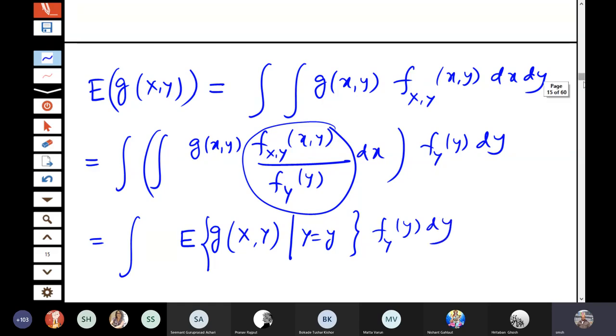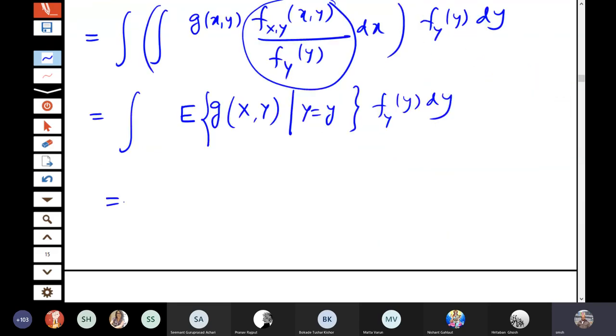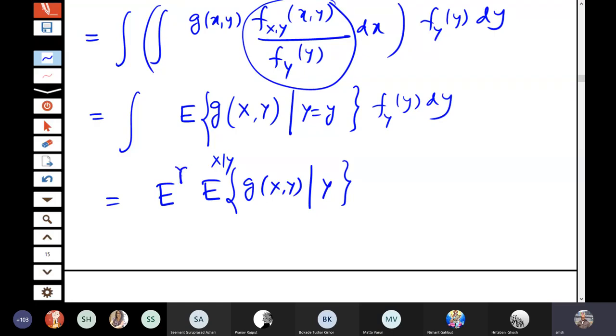So we can write it as the expectation of g(x, y) given y. That means the inner expectation is with respect to the conditional distribution of x given y, and then with respect to the marginal distribution of y.